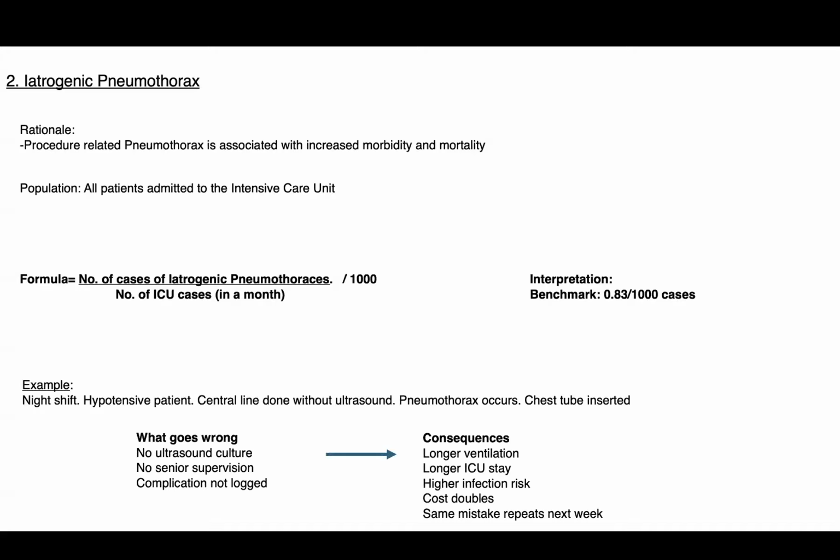The consequence is longer ventilation, longer ICU stay, and higher infection risk. So the cost further increases, and because the logging is not done, the same mistake repeats next week also. That is the problem with iatrogenic pneumothorax if it is not taken seriously.